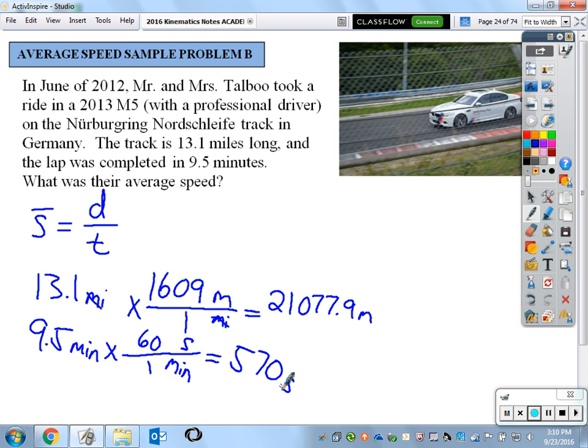Yes, it does. Okay? We have our distance in meters, so 21,077.9. No need to put units because it's in the SI units. Divided by 570 seconds. Pluggy chuggy, and we'll get our average speed.